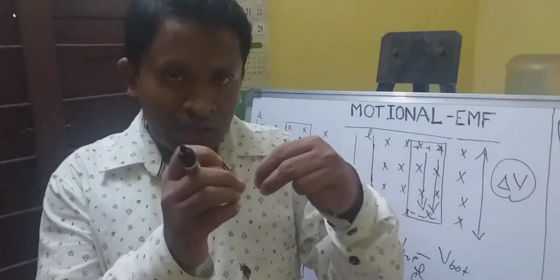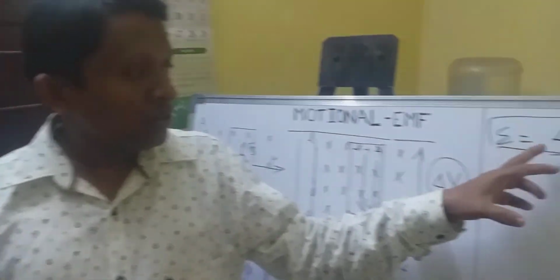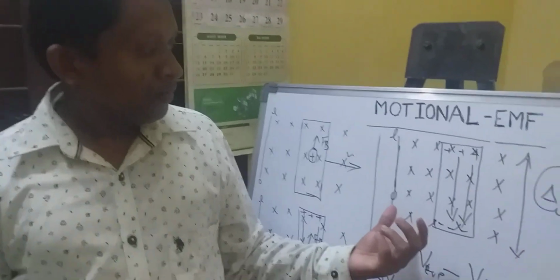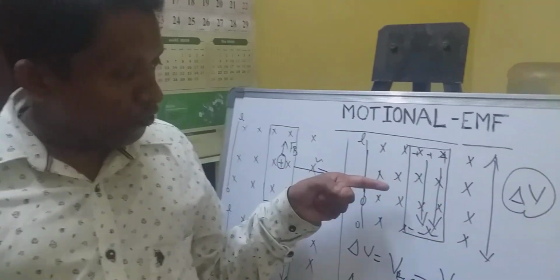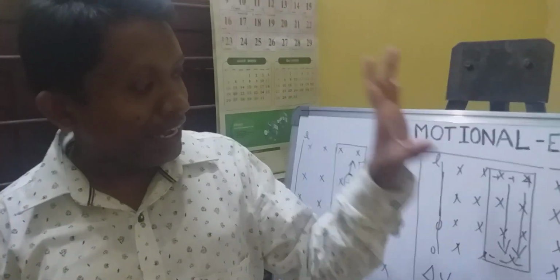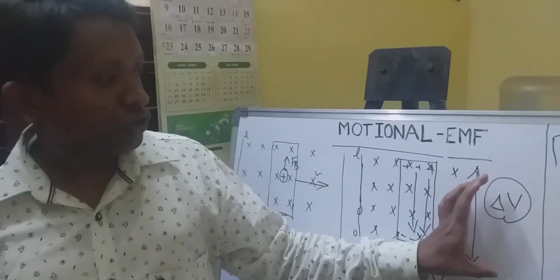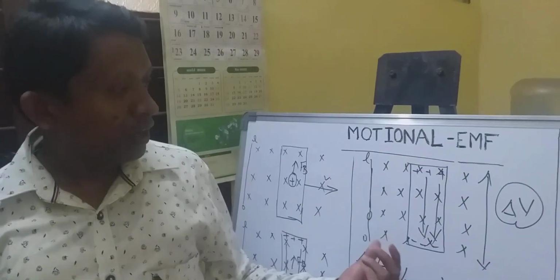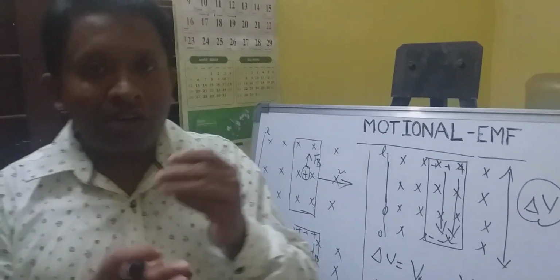But here, due to the magnetic force, the charge is separated between the ends of the conductor and creates this much potential difference. That is the difference. So we can directly define the motional EMF like this.